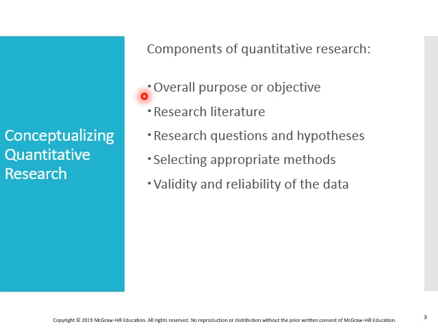And after establishing that big picture view, the abstract idea that the researcher wants to study, then the researcher has to dive into the literature to have a sense about how other researchers have talked about this topic. So either perhaps some kind of scholarly analysis or some empirical work that other researchers have done in that area of work. And based on that literature, the researcher can then construct his or her research questions and or hypotheses.